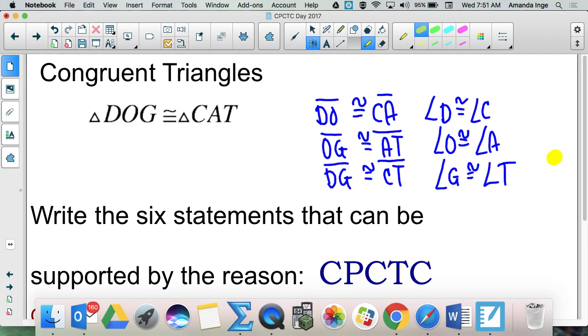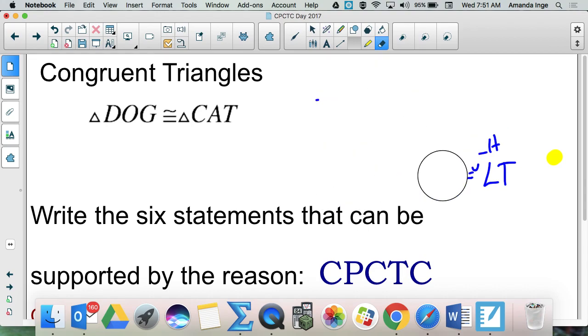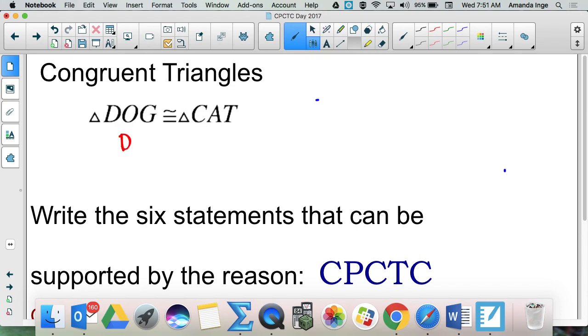So up here I have triangle DOG is congruent to triangle CAT. I know that the corresponding parts are congruent. So segment DO is congruent to CA. OG is congruent to AT.